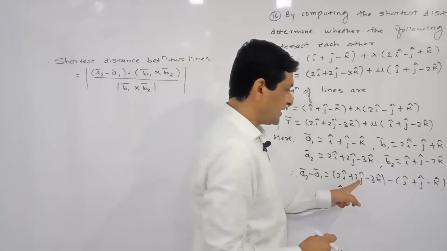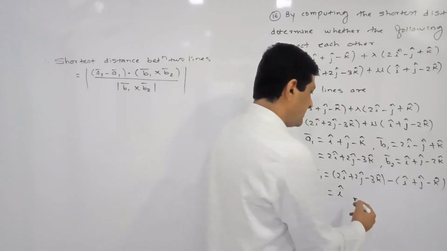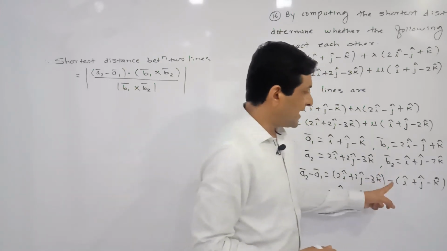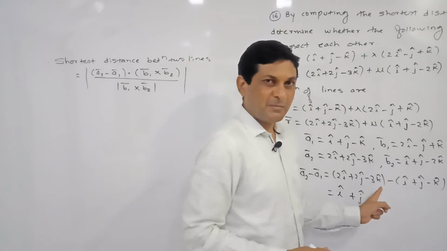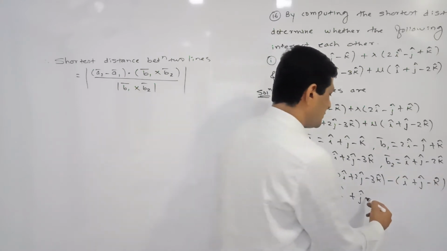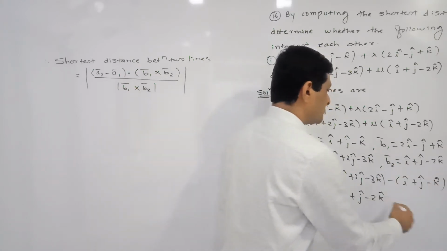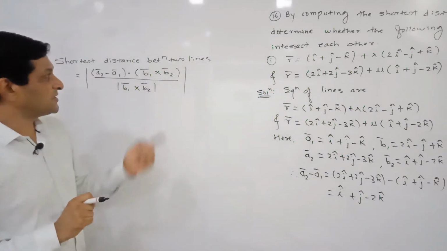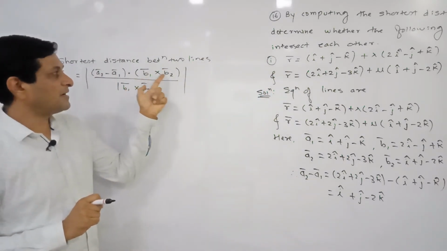Then 2J cap minus J cap will be equal to J cap, and lastly minus 3 and minus minus means plus 1. Minus 3 plus 1 will be equal to what? Minus 2. Minus 2K cap. In this way we have got A2 bar minus A1 bar, which is the second required value.